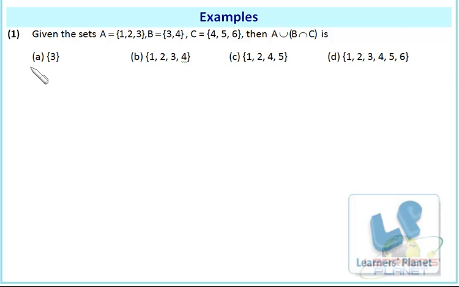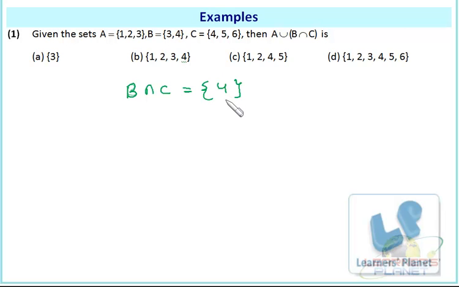Here we are given the sets A, B and C, and we have to calculate A union in bracket B intersection C. So first of all, you will calculate B intersection C. That means you need to make a set which has the common elements between B and C. So let's calculate B intersection C. We can see only 4 is the element that is common.